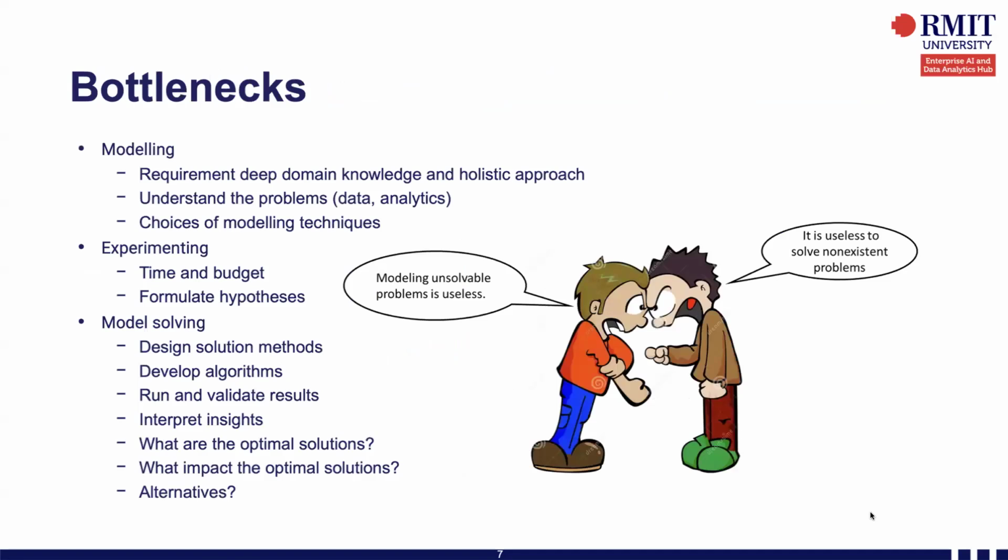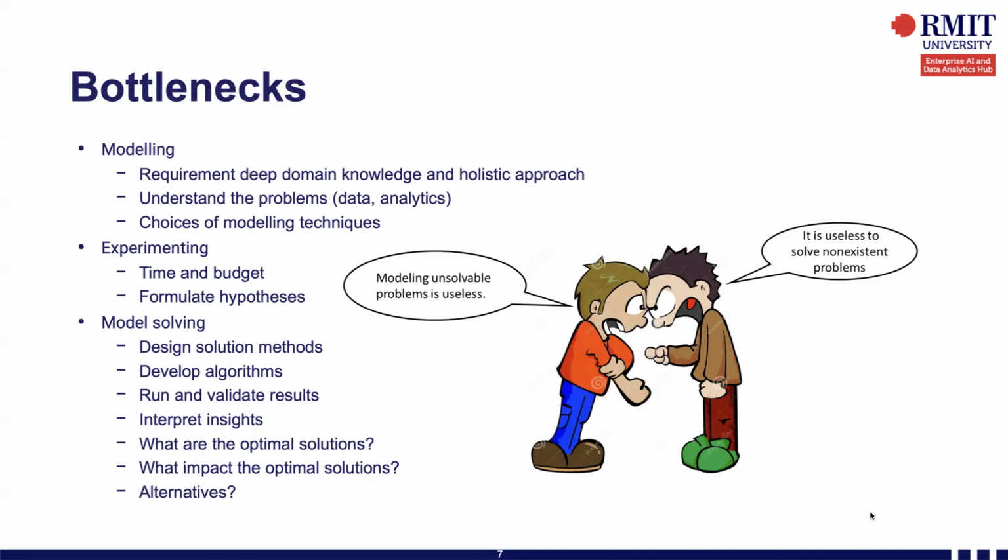But still, when we do more and more with optimization, we recognize that there are a lot of bottlenecks when we try to obtain the optimal solution. There's a lot to do with modeling, and it usually requires very deep domain knowledge and a holistic approach to make sure that we model the right problems. We understand the problem well.